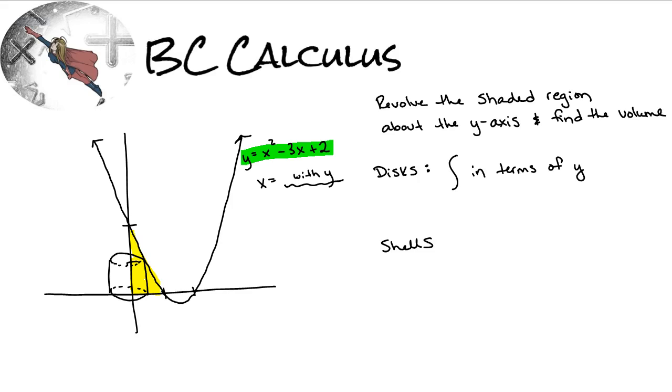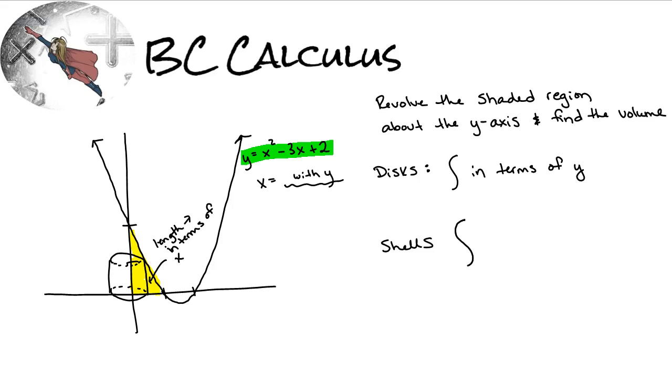Since I drew a line segment that runs vertically from top to bottom, the length of that line segment can be written in terms of x. And that is how our equation is written anyway, and so that makes this whole problem immensely easier.